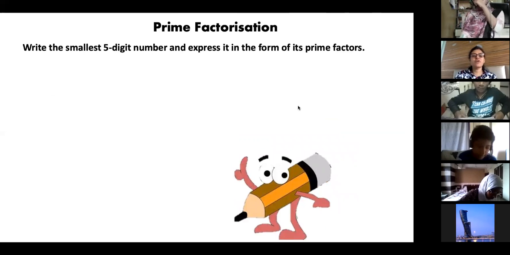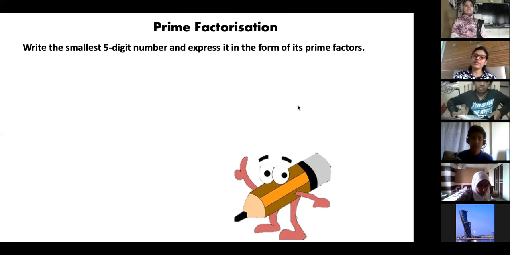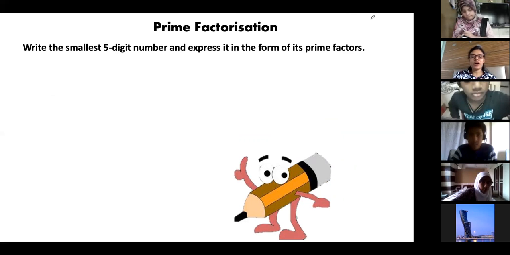Write the smallest 5-digit number and express it in the form of its prime factors. So what is the smallest 5-digit number? Find it out. Write down in your notebook and find out the answer.